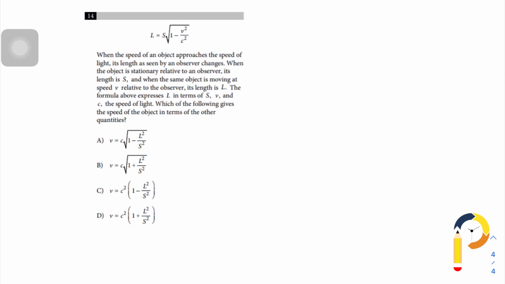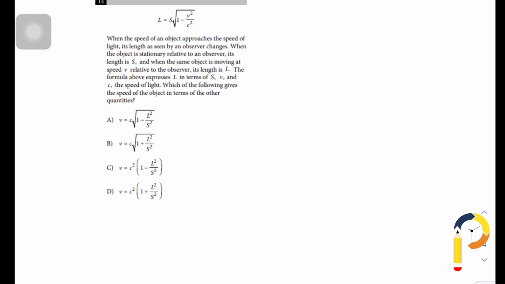What is the question asking? The last line: which of the following gives the speed of the object? And if you see this question, what is the speed of the object? Speed of the object is v, and in the answer choices also, all the answer choices represent v. That means you need to find v from the given formula.